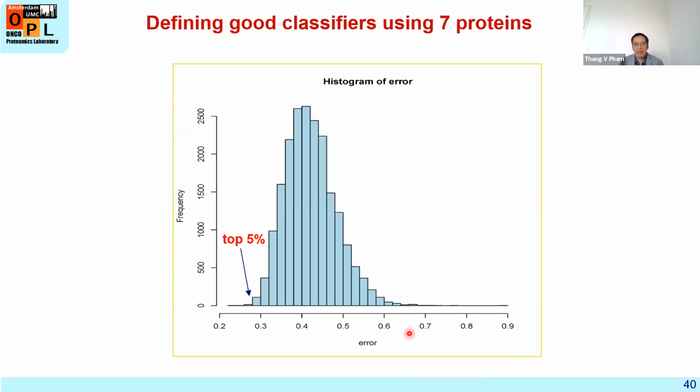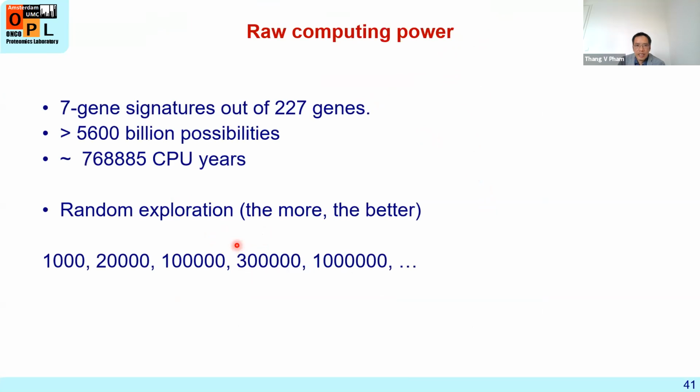You might wonder about the brute force approach. If we look at a study where we want to explore all the combinations of 7 proteins that perform well, and by performing well we mean, in terms of error rate, being in the lowest 5%.